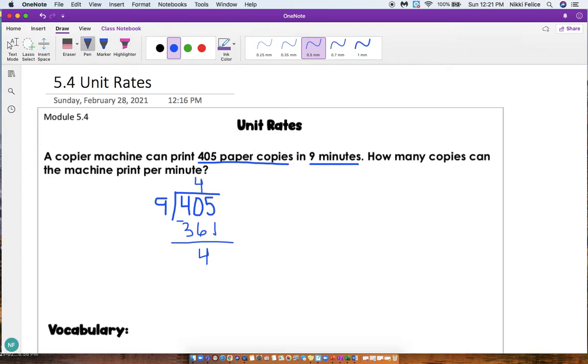Now I bring down the 5. 9 goes into 45 5 times, because 5 times 9 is 45. We subtract and we are done. So there is our answer. The machine can make 45 copies per minute.